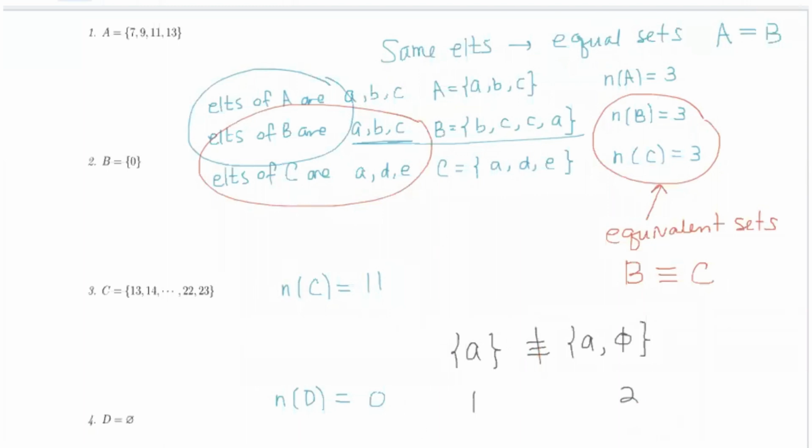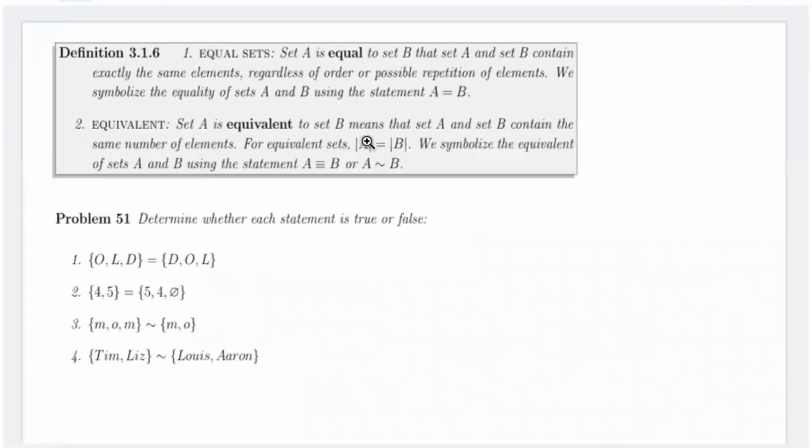All right, so I want you to turn to the next page right here. Equal sets and equivalent sets. Equal means the elements are the same. Equivalent means the number of elements is the same. Go ahead and try number 51.